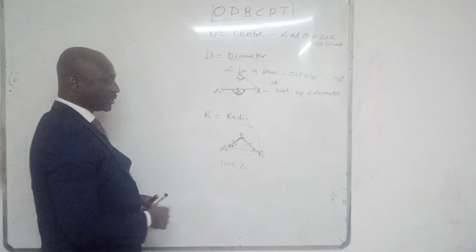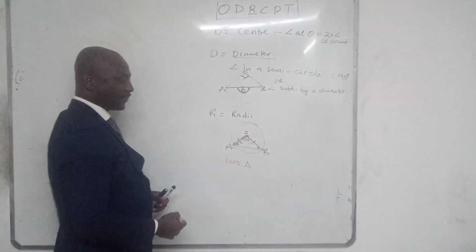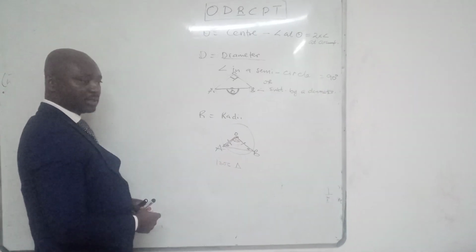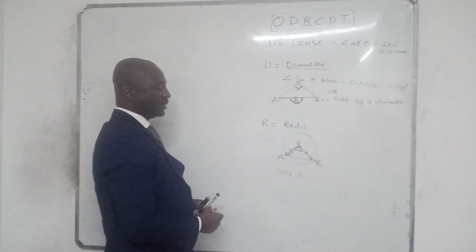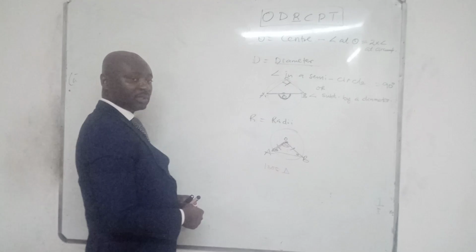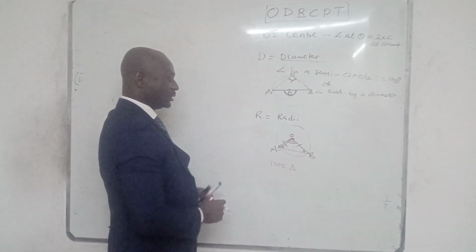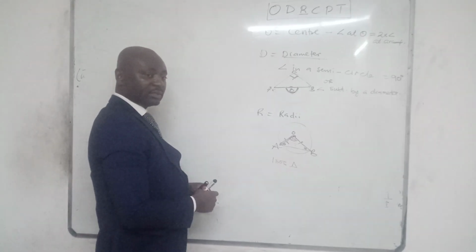So if there's any question, let's say they have given you the angle in the center to be 100 degrees. Because we have OB, which is a radius, and OA, which is also a radius, connected to the line AB, which is the chord, it forms an isosceles triangle.